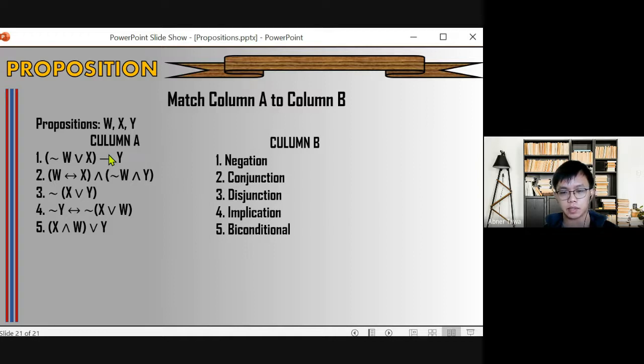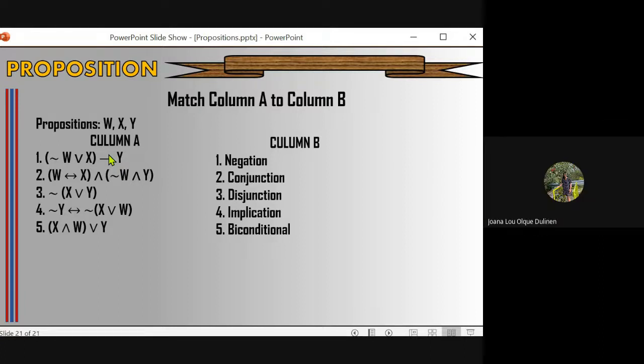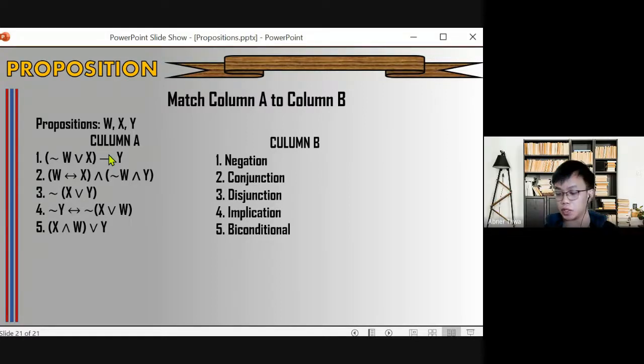How about number 2? Anyone? Number 2. How about the others? Yes, Ms. Dilinan? Conjunction, sir. So, number 2 is conjunction. Very good. So, we have here the main connective used is conjunction.